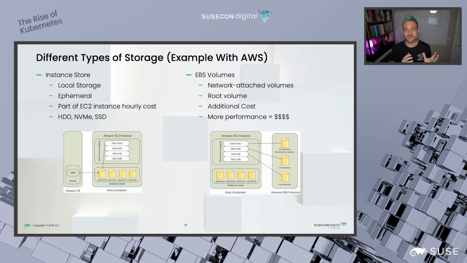Typically, those drives are HDDs, so spinning disks, can be NVMEs, can be SSDs, but it's part of the EC2 instance hourly costs, which means that it's quite cheap compared to the other type of storage, which are the typical network, still block devices, but network attached storage to your instances.